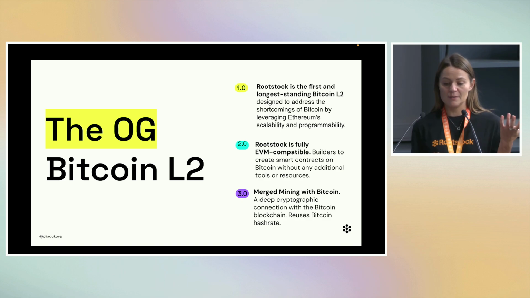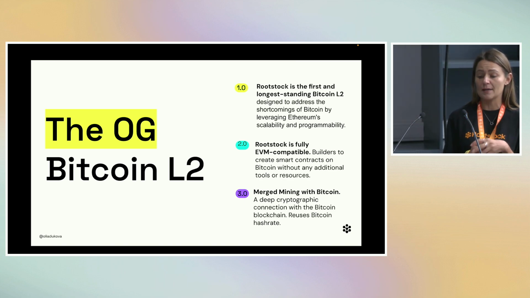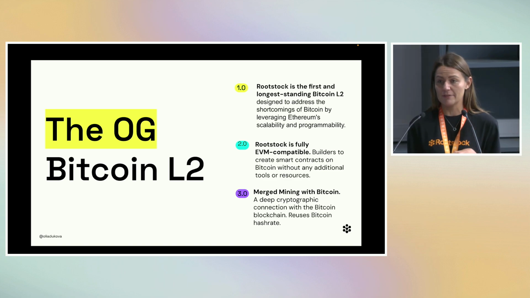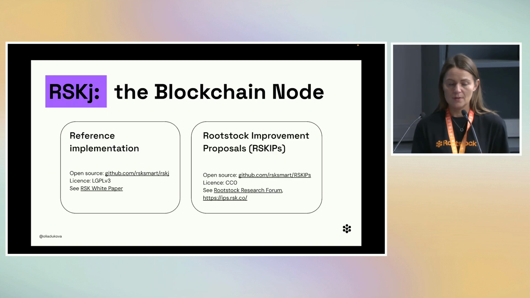So builders can write smart contracts in Solidity, and all the developer tooling will work as it would have worked on any other EVM compatible chain. I'll dive into it a little bit later. And finally, Rootstock is secured by merge mining. So it's merge mined with Bitcoin, and I'll explain how that works in the next couple of slides.